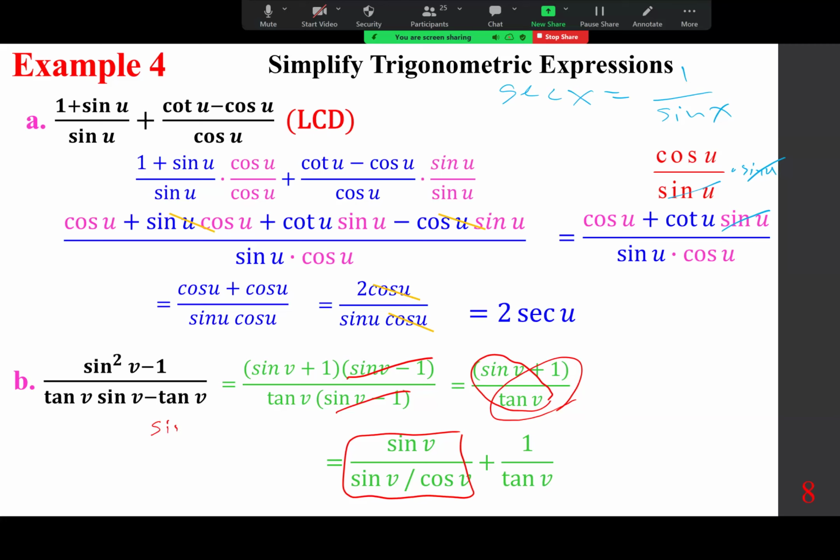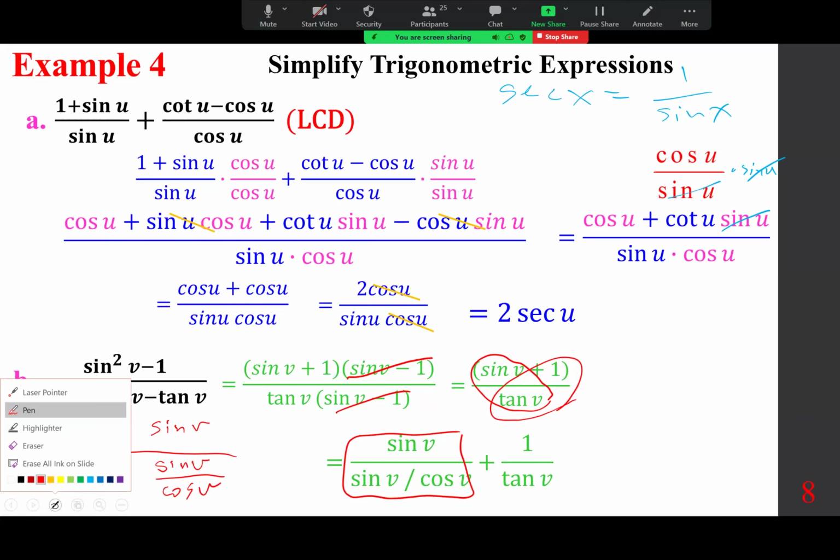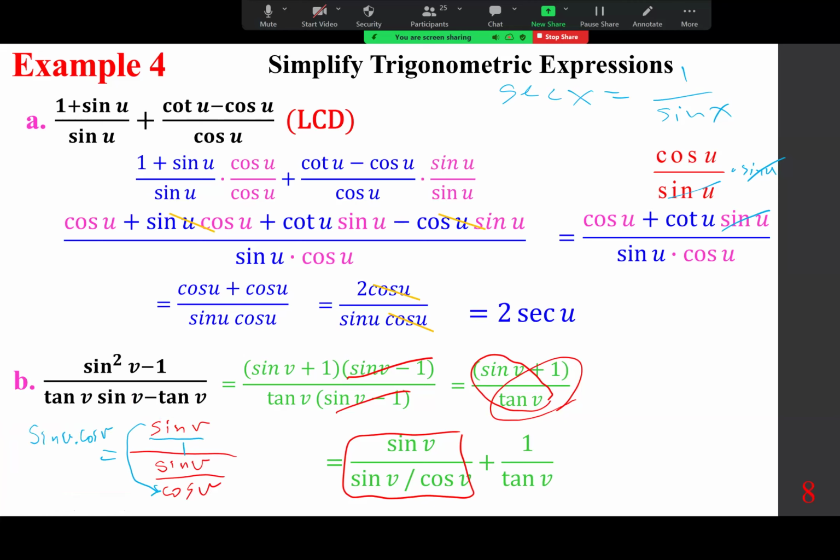So what you're dealing with is sine v over sine v over cosine v. And I'm going to put a 1 here and say the product of these two over the product of these two that gives us cosine v, because the sine cancel out.